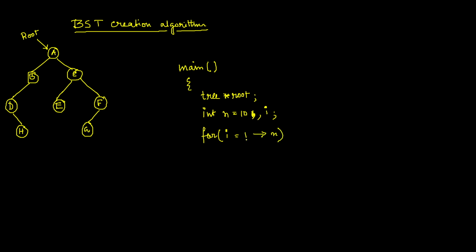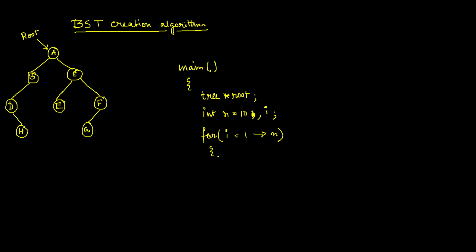I'm not going into detail on how to write a for loop because you know that. And here a very important thing is what will be the return type of this creation algorithm function. If I assume that the creation algorithm function name is create, so what is the return type of the create function?